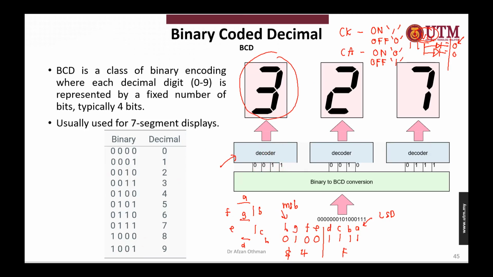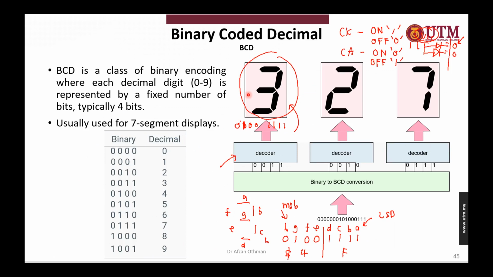It will provide the value 0, 1, 0, 0, 1, 1, 1, 1 to this 7 segment. Then the 7 segment will drive the LEDs accordingly, and the number 3 will be displayed. So this is what happens.